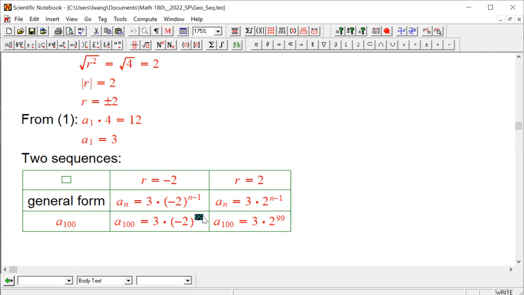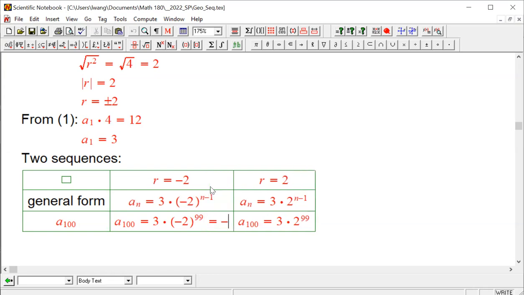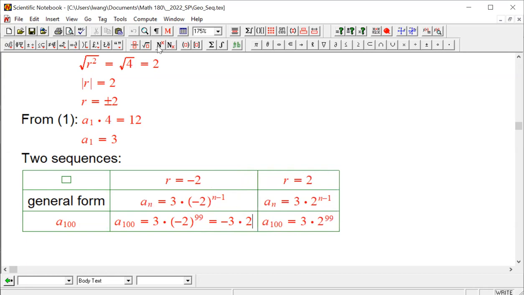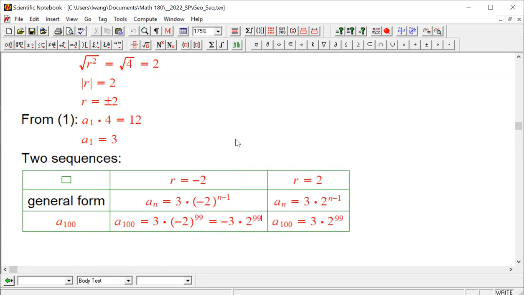Because 99 is an odd number, -2 to the power 99 is going to be a negative number. So in the end, you're going to have -3 times 2 to the power of 99. So that's the two cases for this question.